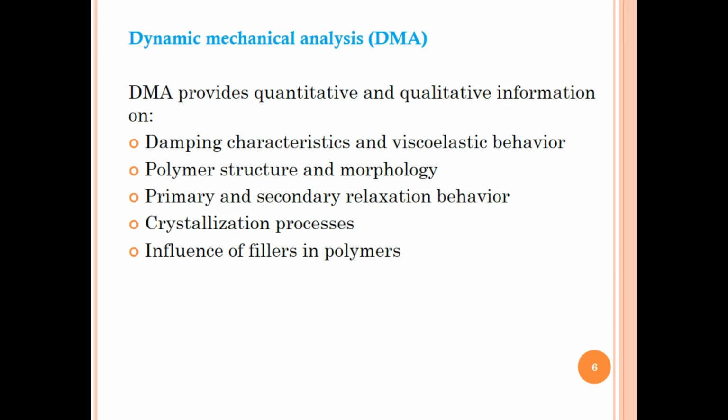The qualitative and quantitative information can be obtained on characteristics of the polymer like damping characteristics and viscoelastic behavior, polymer structure and morphology. Morphology is the form and structure of any material. Also primary and secondary relaxation behavior, crystallization processes, and the influence of fillers in polymers. Fillers are usually used in polymers to enhance the properties of the polymers.